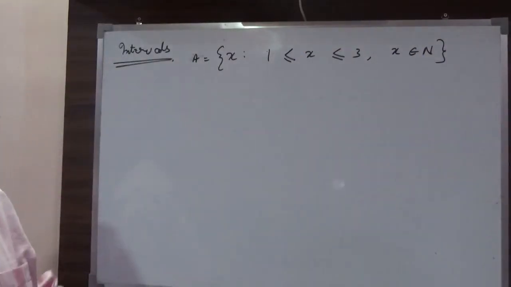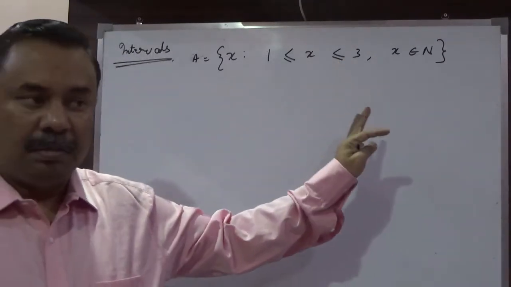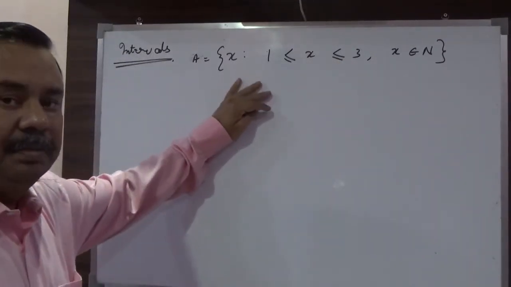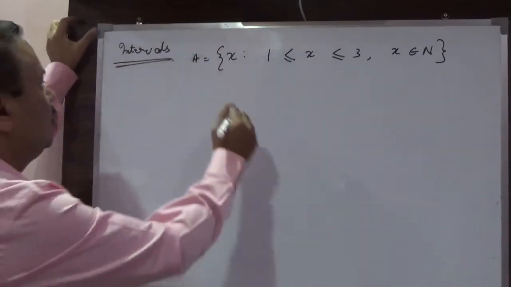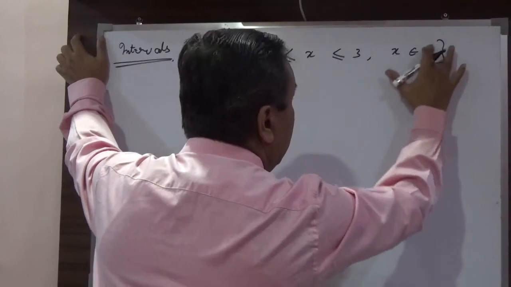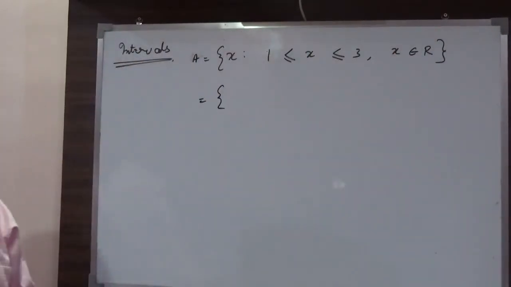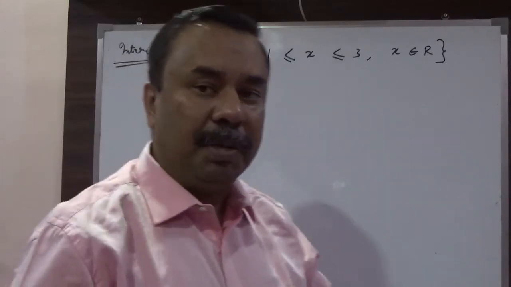Okay, I have written it in set builder form. This is an example. Instead of this, I should write it as R, the set of all real numbers.